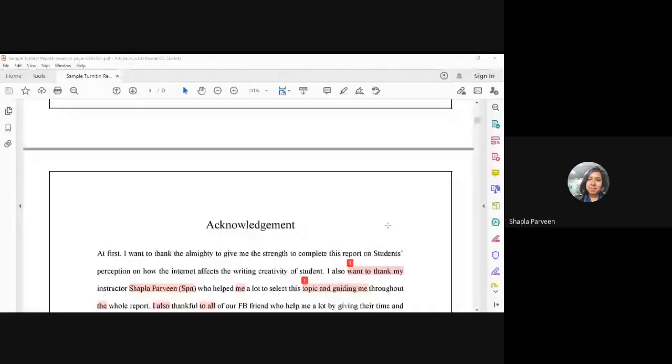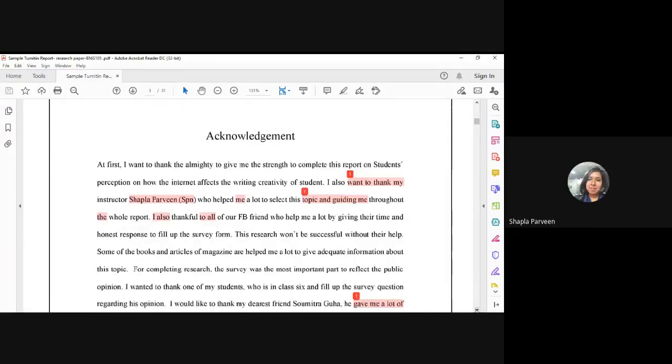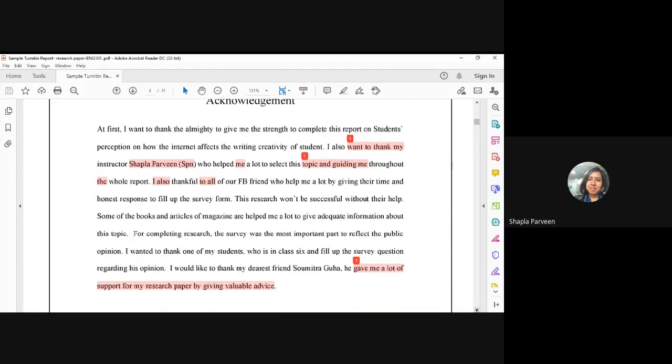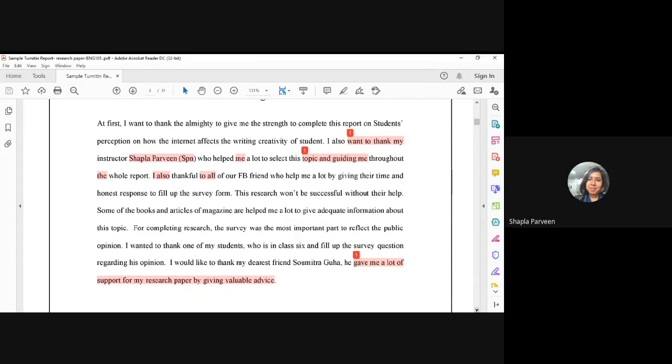Okay, so can you all see the page? Yes, ma'am. Okay, so you can see a lot of highlights here. All these highlighted sections refer to similarity. That means that probably they haven't been properly paraphrased.